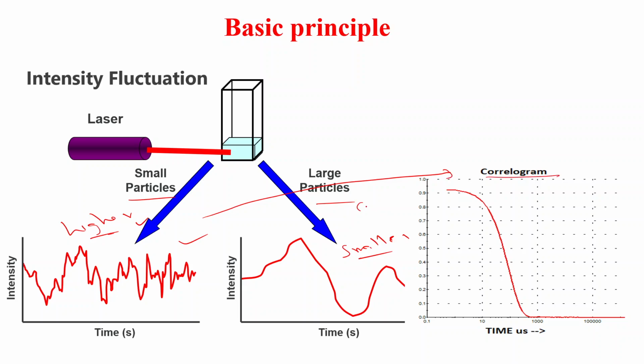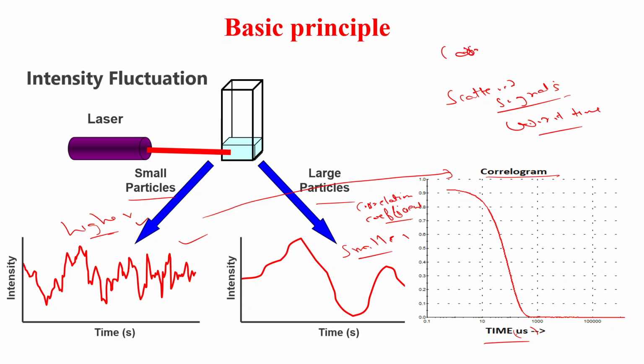This is the correlogram, which is a graph between the correlation coefficient and the time, and time is in microseconds. It indicates the degree of correlation between the intensity signals with respect to time.